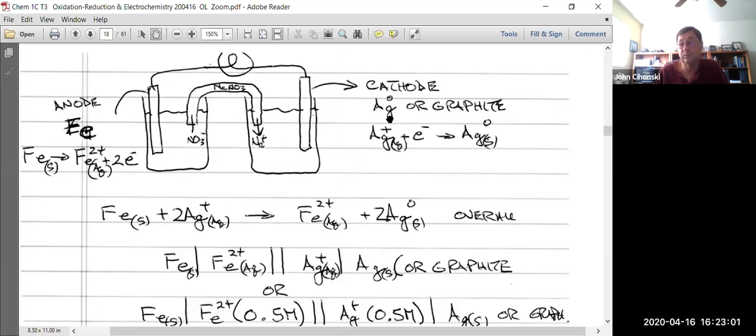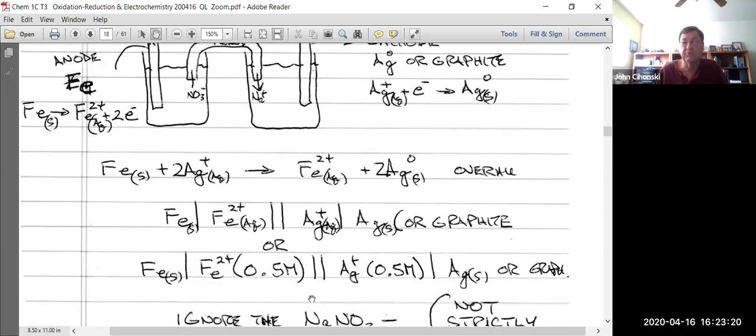Cathode will either be, as we said above, silver metal or graphite. So that means we will have silver +1 in solution, and it will take the electrons and form silver on the solid cathode. Now, writing that in form here, just the general form would be to say we have an iron anode, we have iron 2+ in solution, we have a salt bridge. In this case, we're not specifying the ion, or the salt, I should say.